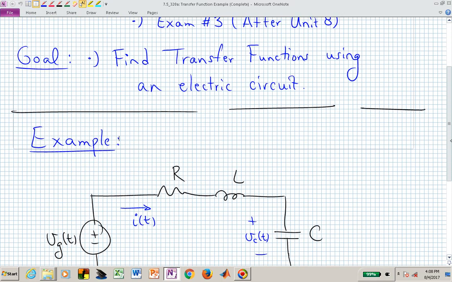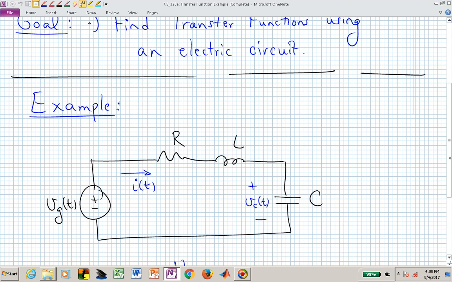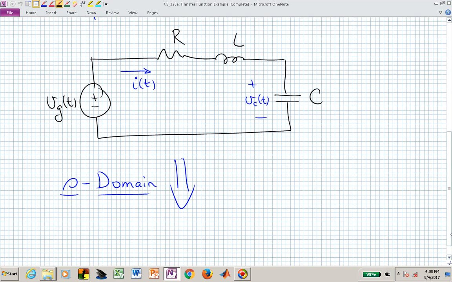To find the transfer function, we want to be doing the analysis in the frequency domain or with an S-domain equivalent circuit. And in the S-domain equivalent circuit, when we're dealing with a transfer function, we do not have to worry about initial conditions. Since we're trying to find a transfer function, we can neglect the initial conditions.